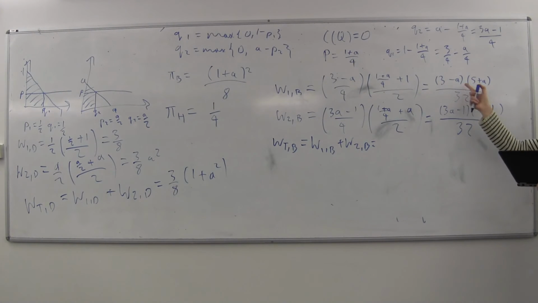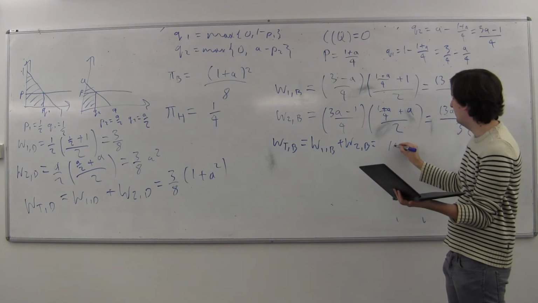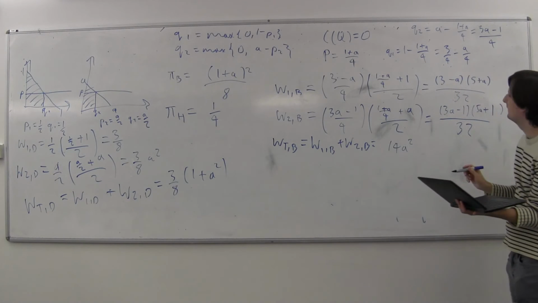Let's do the a squared terms first. Here, we're going to have a minus sign, minus 1, and a plus 1. So in total we get minus a squared from here. And from here we get 3 times 5a squared, so we get 15a squared minus 1a squared from there. So in total we have 14a squared.